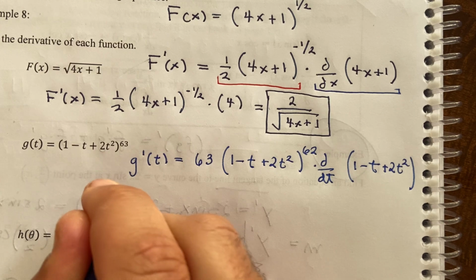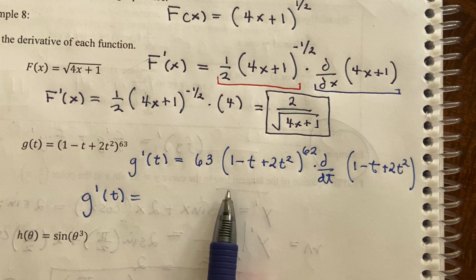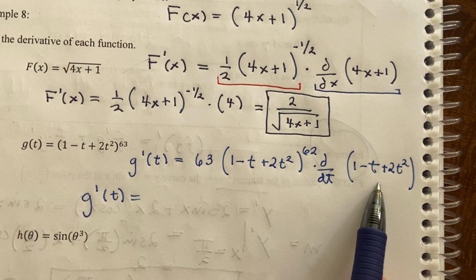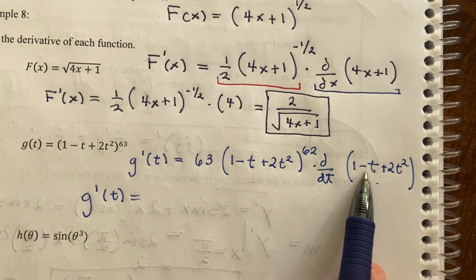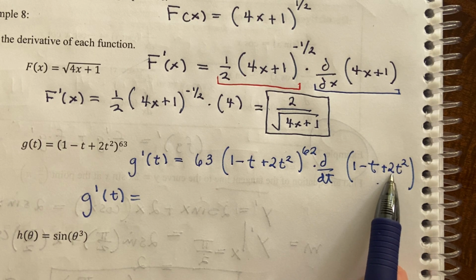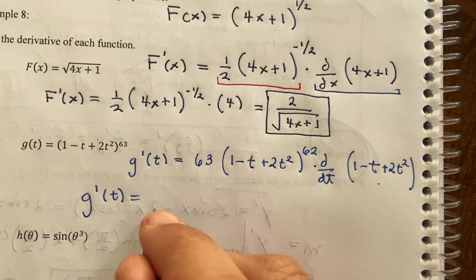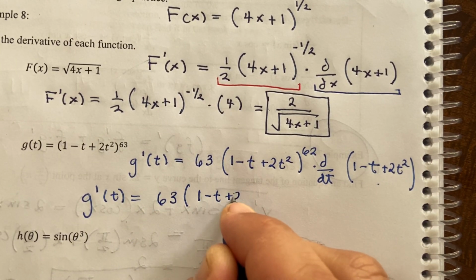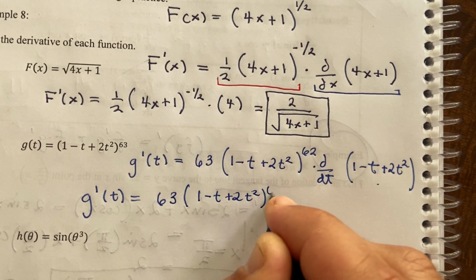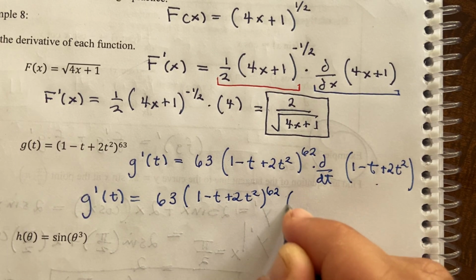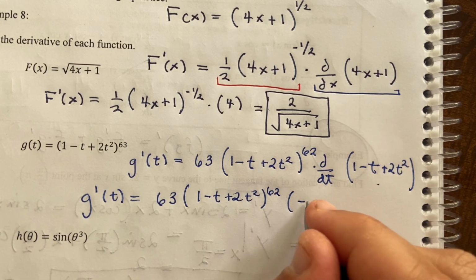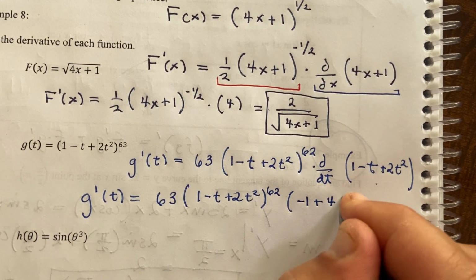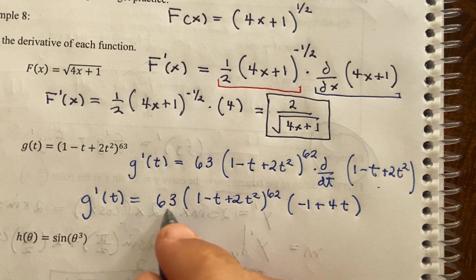So g prime of t, taking this derivative, I'll have negative 1 plus 4t. So 63 times 1 minus t plus 2t squared to the 62nd, and then times negative 1 plus 4t. I'll just leave it that way.